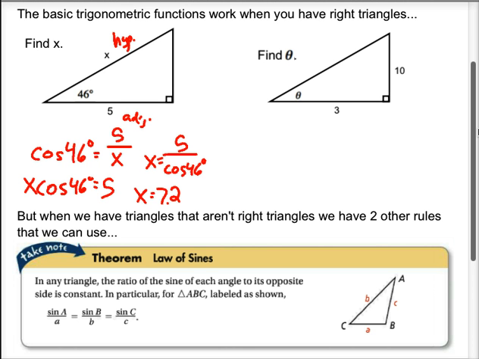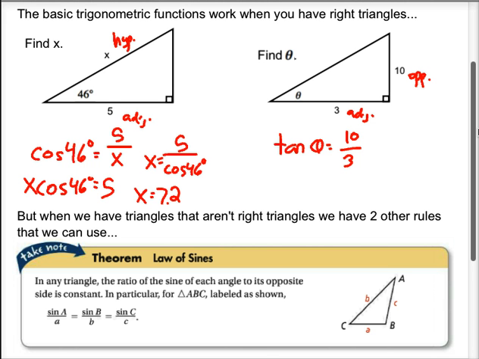Now we can also use trigonometry to find the angles. So here I see adjacent and opposite. That's telling me I'm going to be using a tangent function. So tangent of theta is opposite over adjacent. Now remember, when I'm looking for an angle, I need to use the inverse trig ratio.